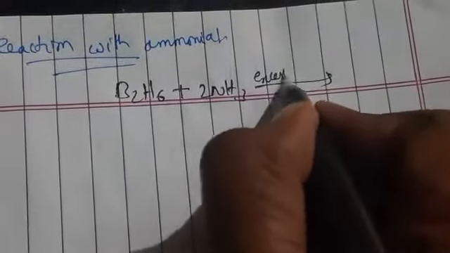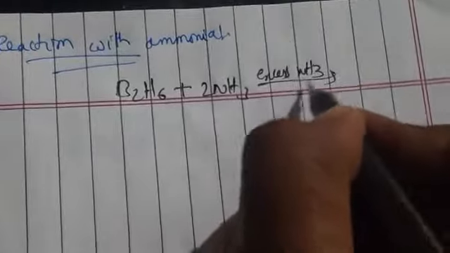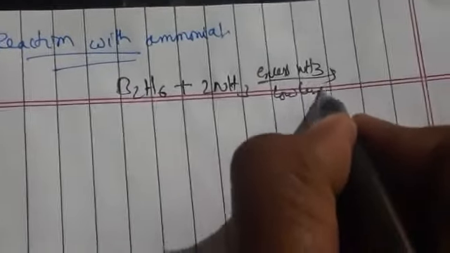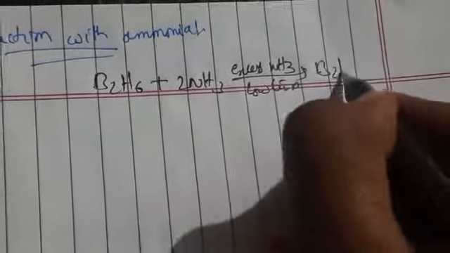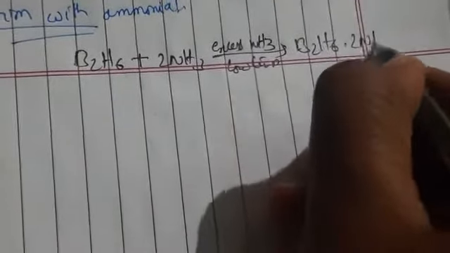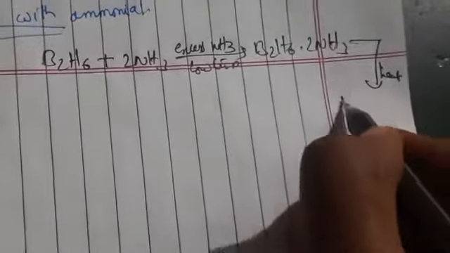When you take excess ammonia at low temperature, it forms B2H6.2NH3. When you heat this compound, it forms B3N3H6, which is known as borazole or inorganic benzene.